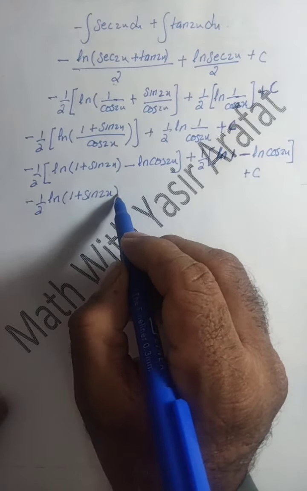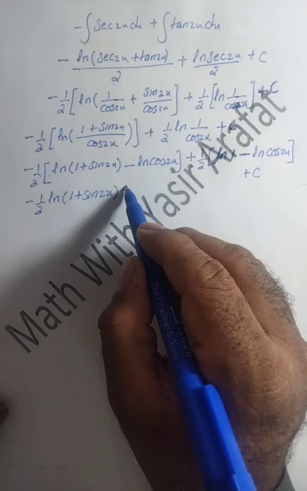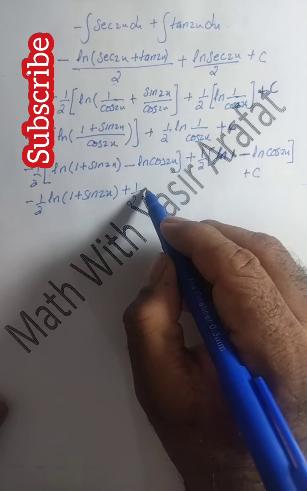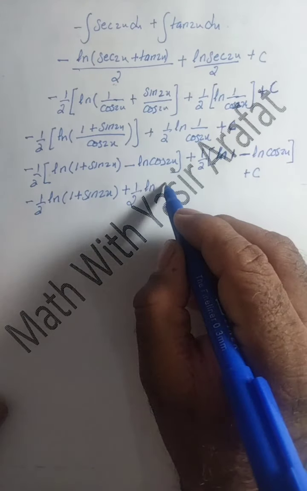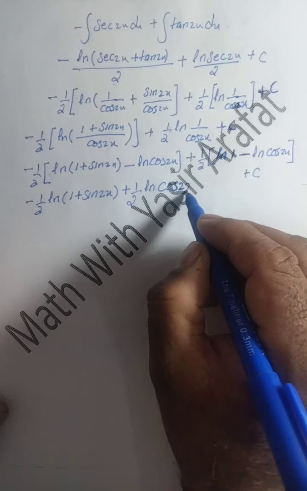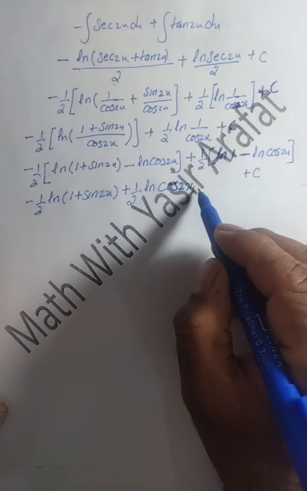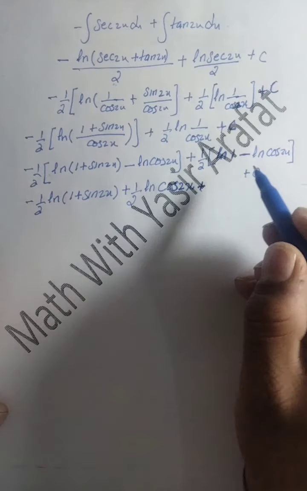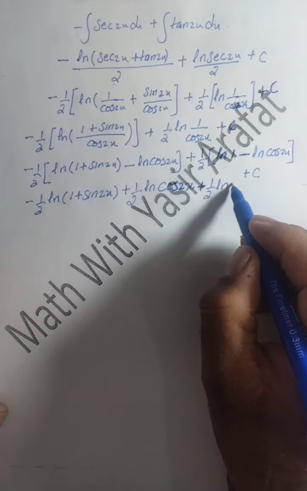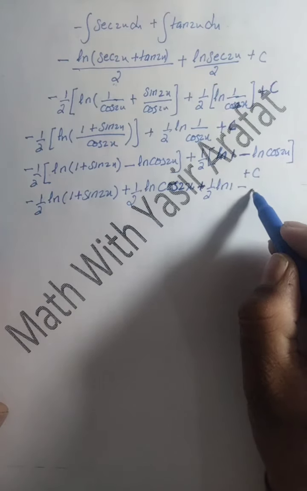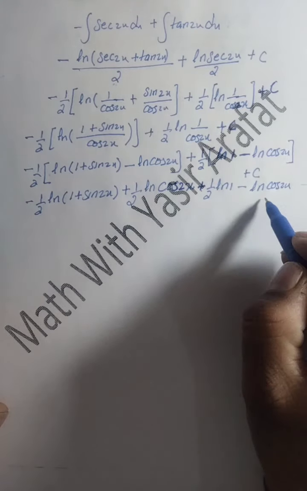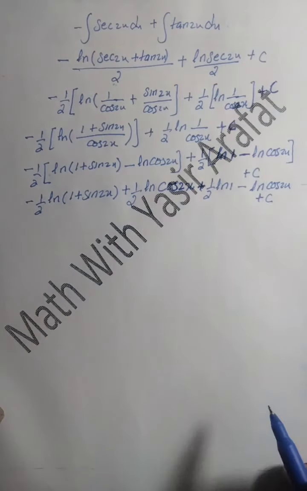2x, minus minus plus, this is 1 over 2 ln cos 2x here, and now we have to multiply 1 upon 2 ln 1 and minus ln of cos 2x and plus c remains same.